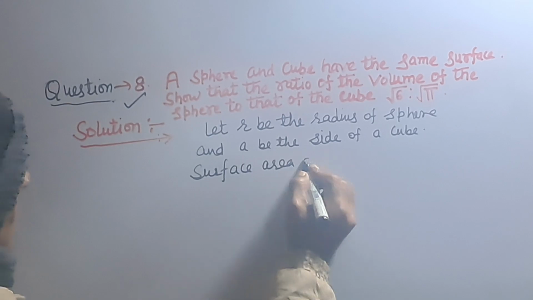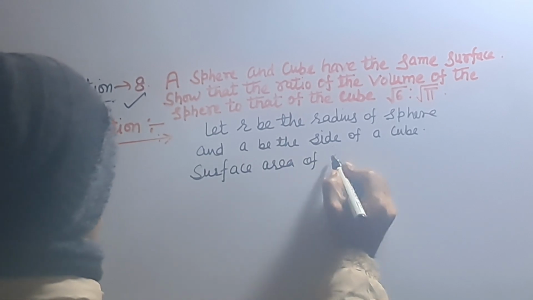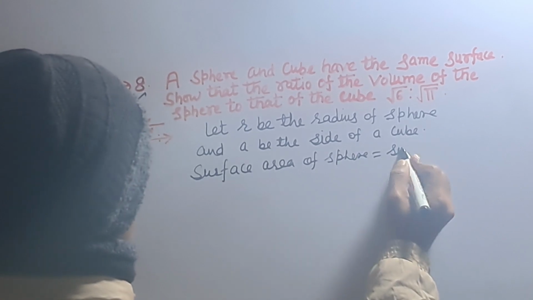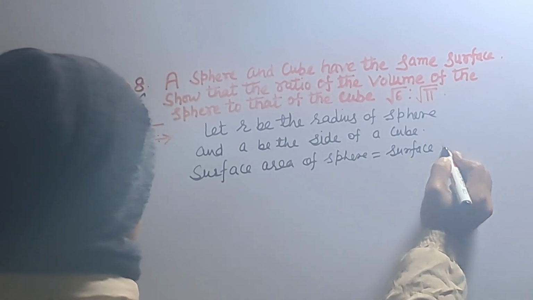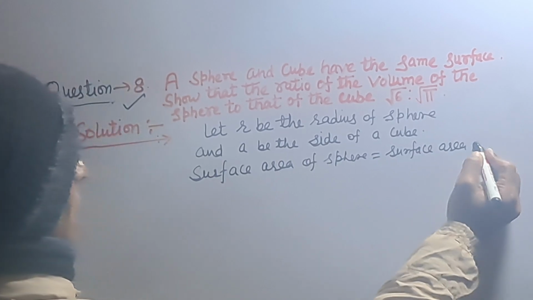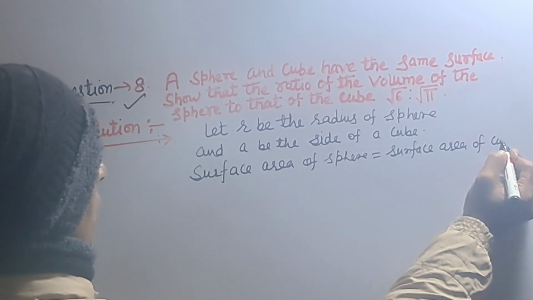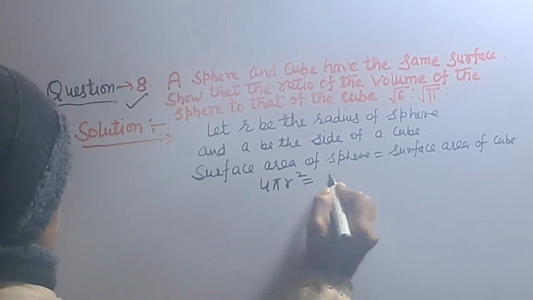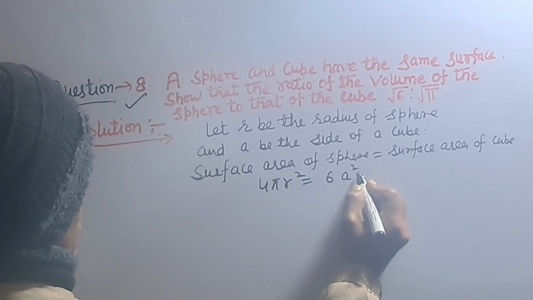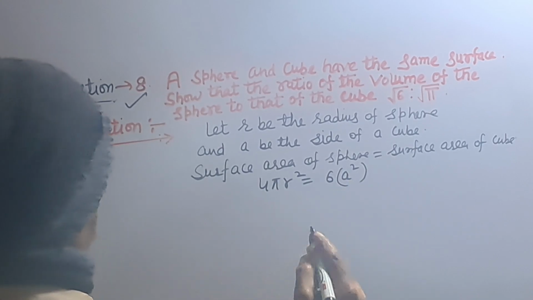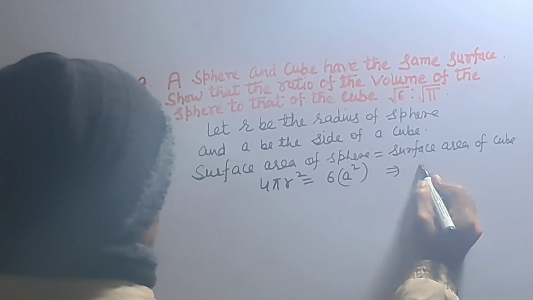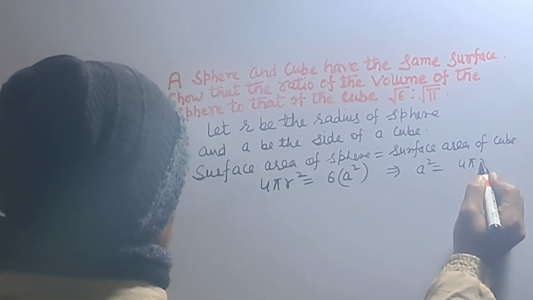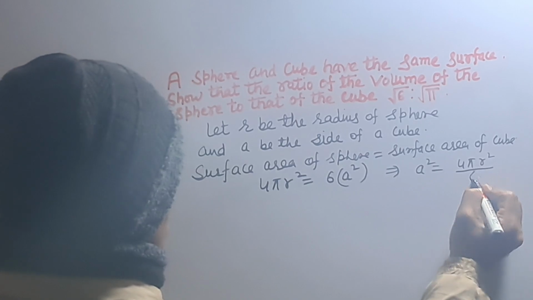Surface area of sphere equal to surface area of cube. 4 pi r square equal to 6 into side square, which implies a square equal to 4 pi r square upon 6.